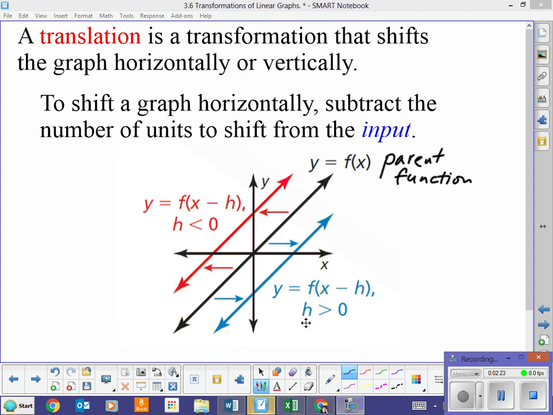Let's talk about the positive case first. In order to shift the parent function to the right in a positive direction, we're going to subtract a positive number from the input. That's what this says. We're subtracting from the input.